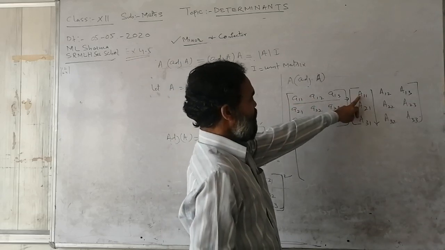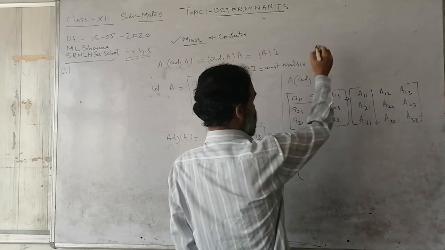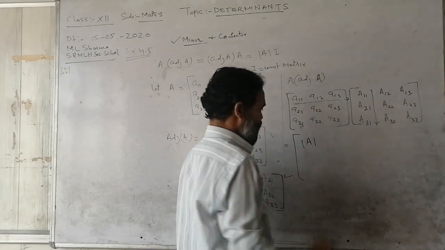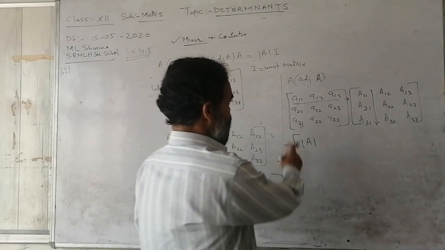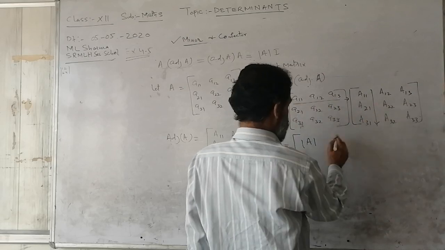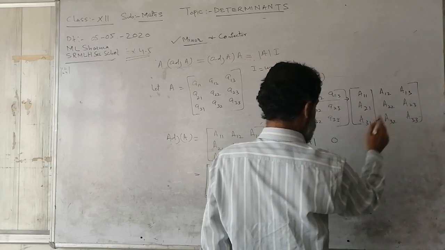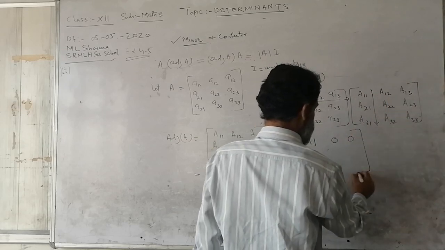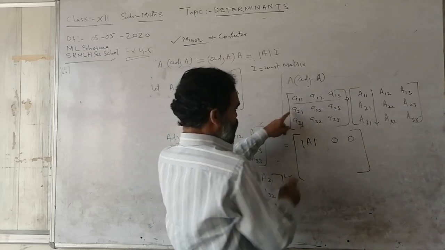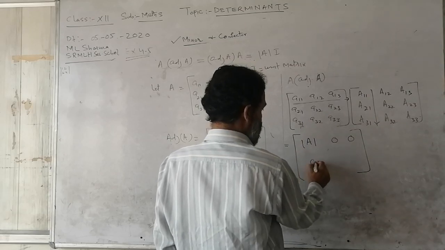A11, then this by this. So this will be equal to the value of the determinant. Then when I multiply this with this column, this will give me 0 here, and this row multiplied by this column will again give 0. So for the second row, when this is multiplied by this cofactor, it will give 0 here.